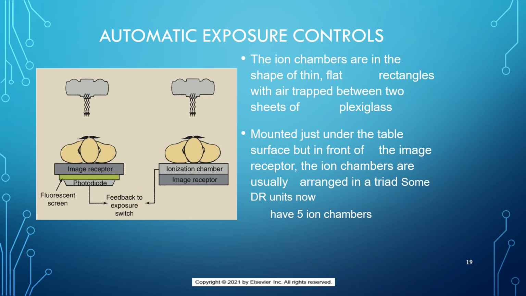Modern units can have up to 5 ion chambers, almost like a dice face, like a 6-sided die. Look at the number 5. That would be the arrangement of the ion chambers. Most of your older systems are just the standard 3 ion chambers, 2 outer ones and then a middle one.